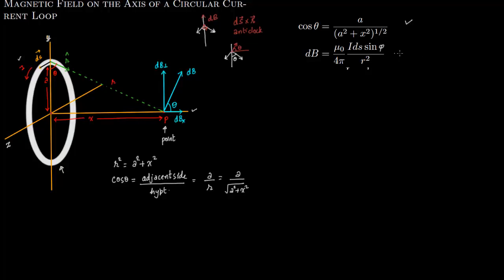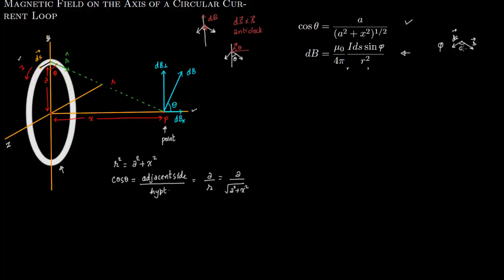Now this is from the formula on the previous slide. On the previous slide, we have seen that the small dB is equal to mu naught over 4 pi, I ds sine phi over r squared, where this phi is the angle between ds vector and r vector or r hat.